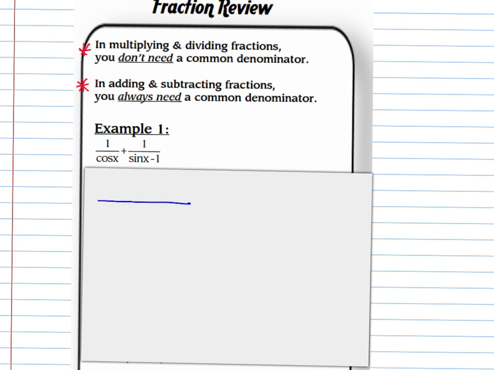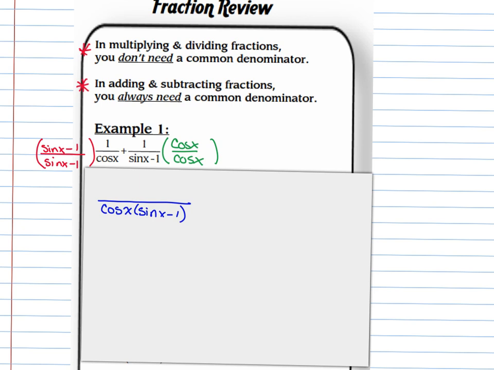So we're going to probably have something that looks like cosine of x, sine of x minus 1. It's a lot like the previous one, but this one has a minus 1. So on the 1 over cosine of x, we're going to multiply top and bottom by sine of x minus 1, both denominator and numerator. And for the left side, which is the 1 over sine of x minus 1, we're going to multiply by cosine of x.